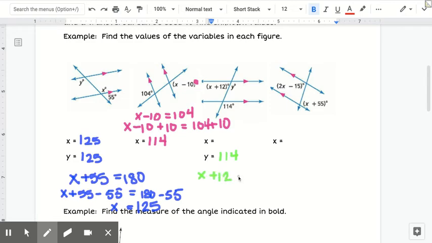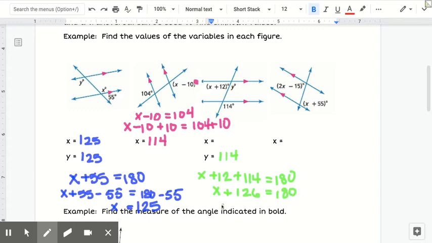Supplementary means that when you add the angles together, it equals 180 degrees. So I'm going to say x plus 12 plus y, which is 114, equals 180. Then we'll solve from there. I'm going to start using the substitution property by adding these two constants together: 12 plus 114 is 126.